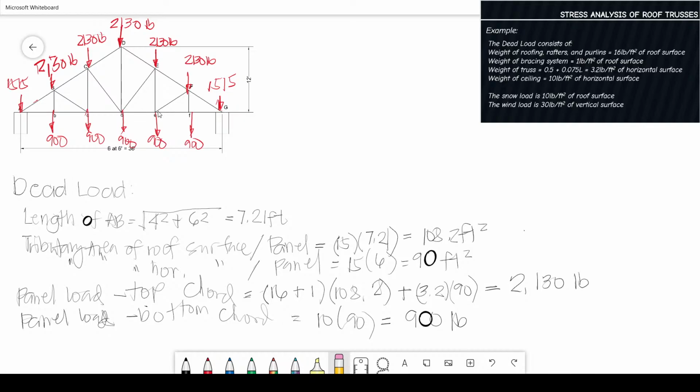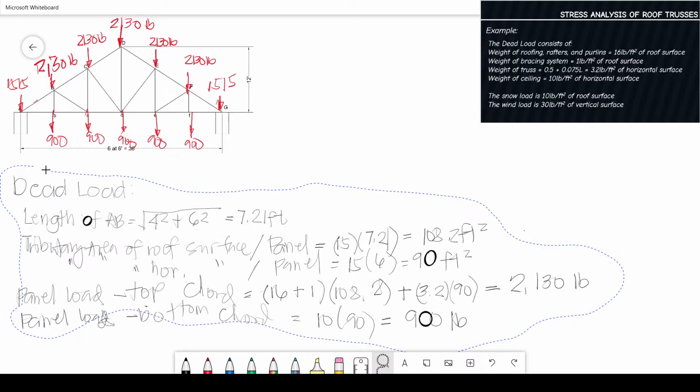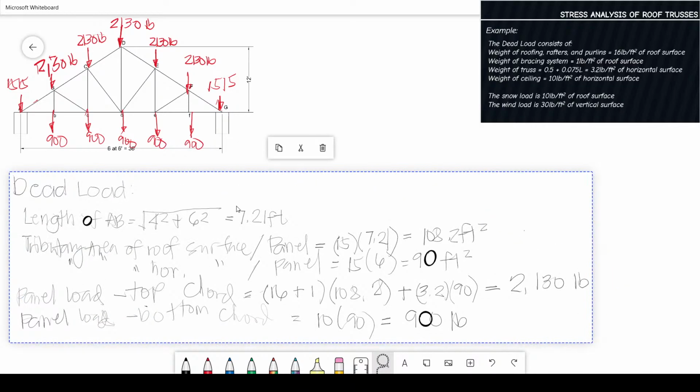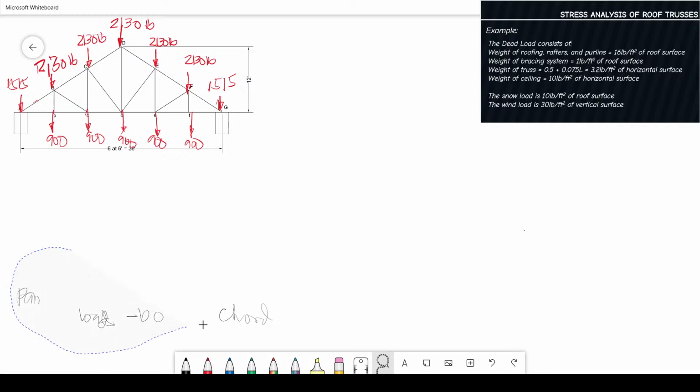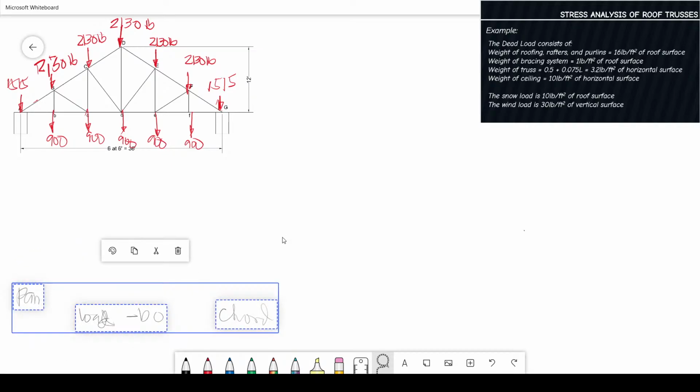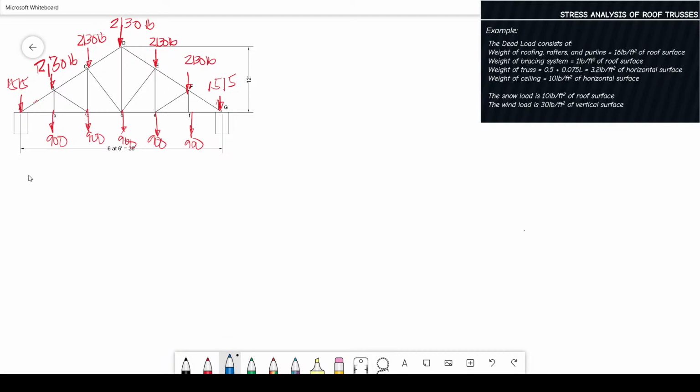Once you finish the analysis of this truss, you tabulate this one. That's all. Let's proceed to the snow load. On dead load, actually, the load computation is a bit difficult.